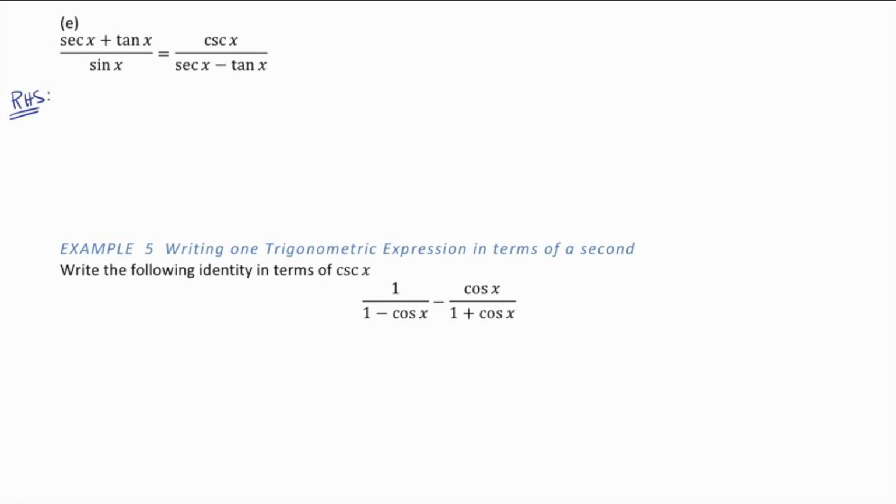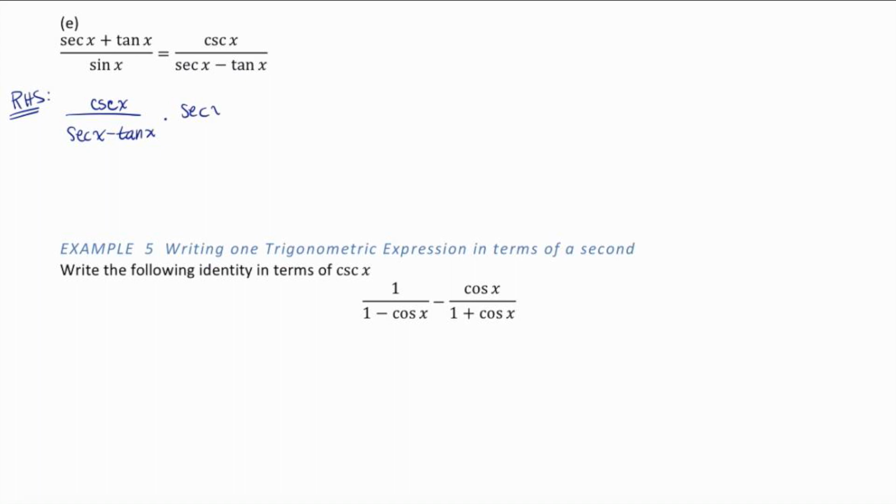If you notice, the numerator on the left-hand side and the denominator of the right-hand side are conjugates. So I'm going to start off by multiplying the numerator and denominator of the right-hand side of cosecant x divided by secant x minus tangent x by this conjugate here.